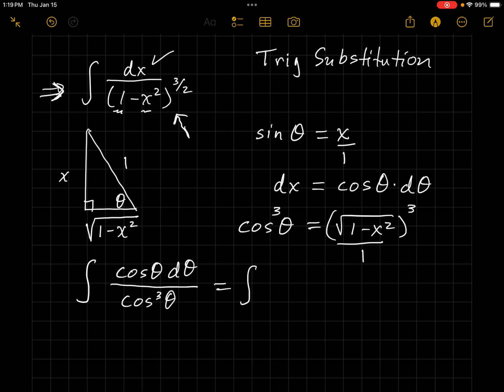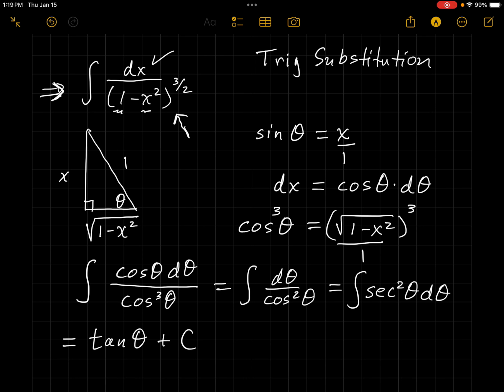And we'll simplify. We get d theta over cosine squared of theta, which I'm going to rewrite one more time as secant squared theta d theta. Because we should know the antiderivative of secant squared, which is tangent of theta, plus c, of course.